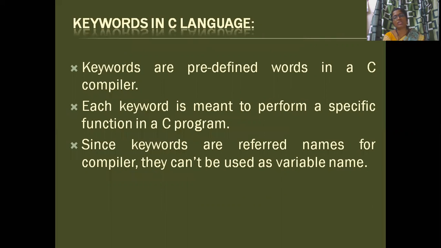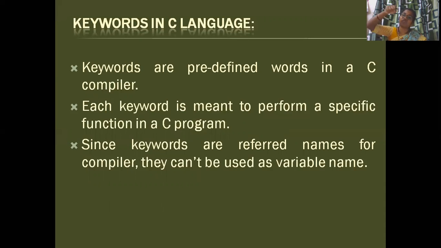So next, keywords in C language. Just now I have defined the keyword. The meaning of keyword is that the C library has already written some words with some meanings. That means the C library is fed with some words indicating these are used for some purpose. For example, we have seen include for the header section and define for the definition section.